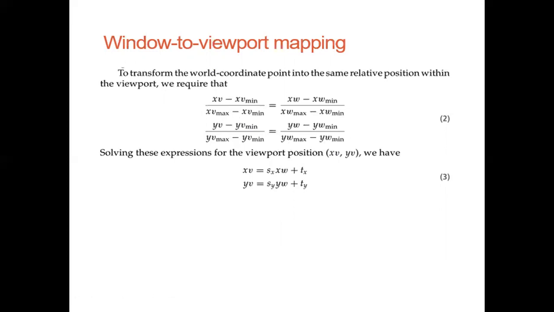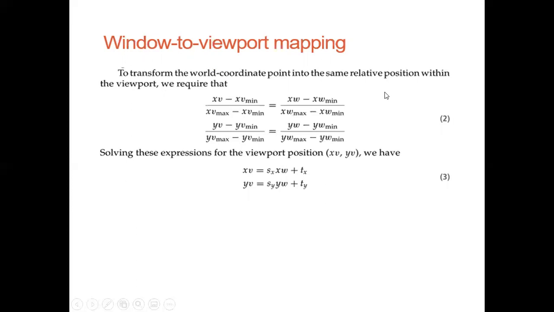Then we have to solve these expressions so that we get the value for xv. So xv will be equal to xv max minus xv min times this entire expression, plus xv min.